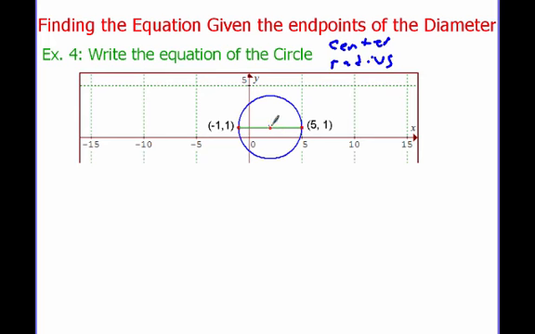Well, if we take a look at this, the center point is halfway across the diameter. So if I can find the midpoint of these 2 points, that'll give me the center point.